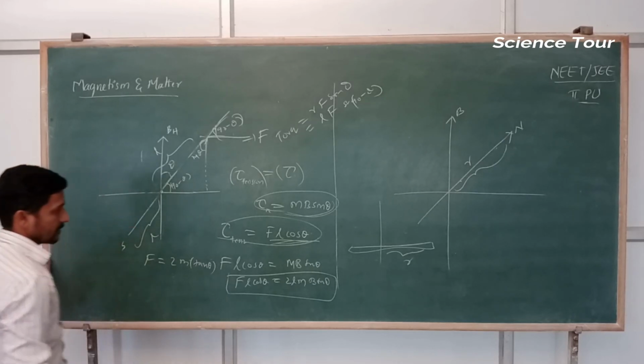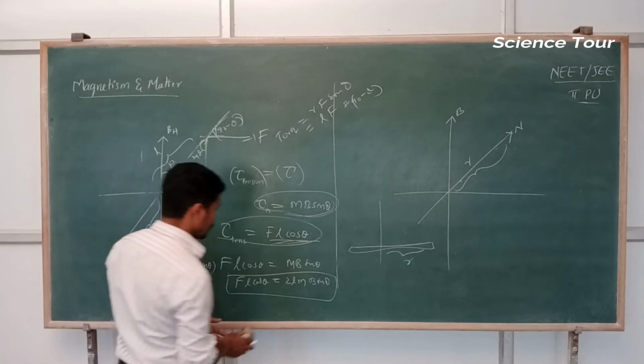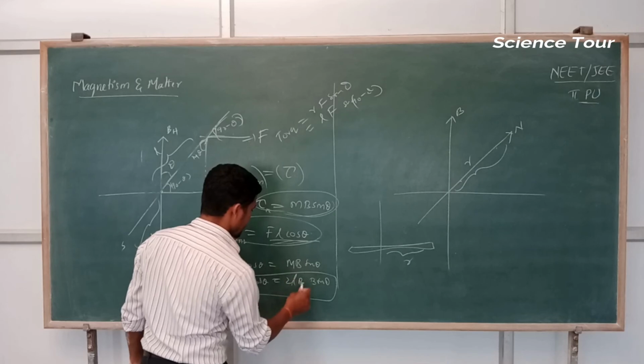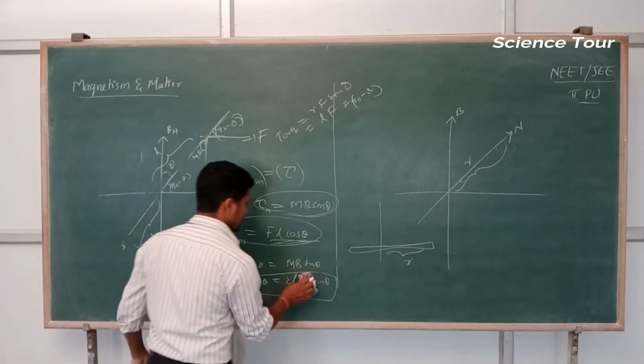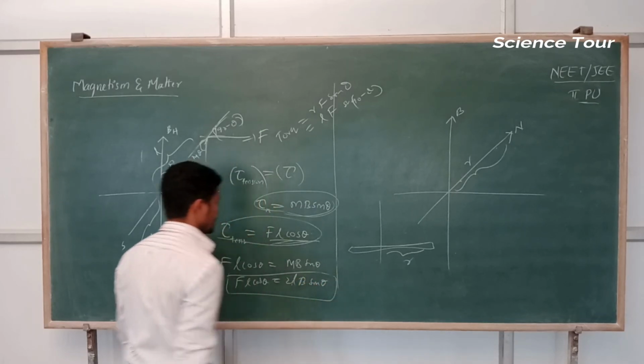In that way you can write down. So we can write down 2lm into B. We have written B sin theta.